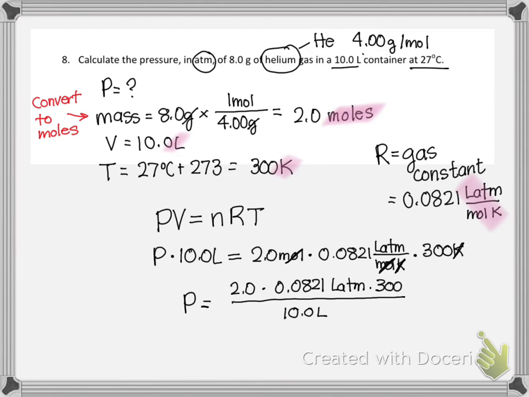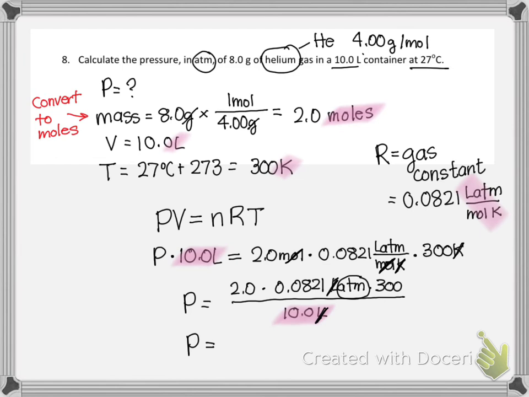So I took the 10 that was here, and I moved it and divided it on the other side. So now P equals, liters cancel. My only unit is atmospheres. So in my calculator, I say 2 times 0.0821 times 300.